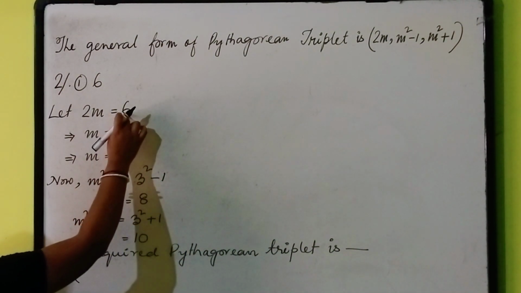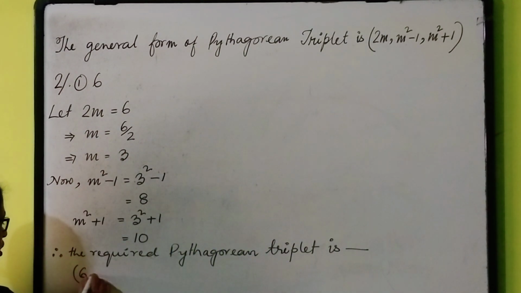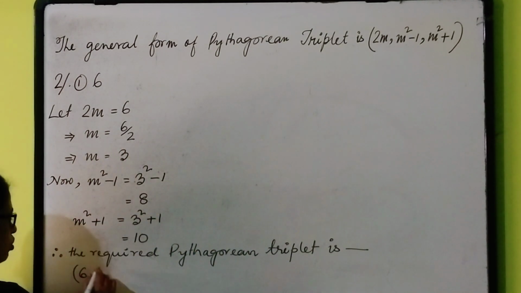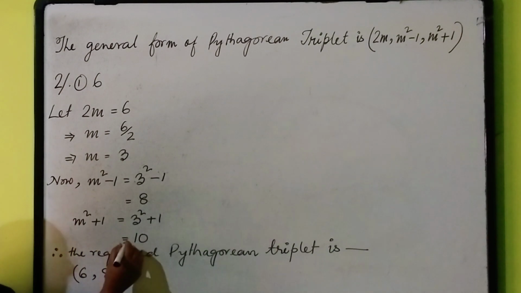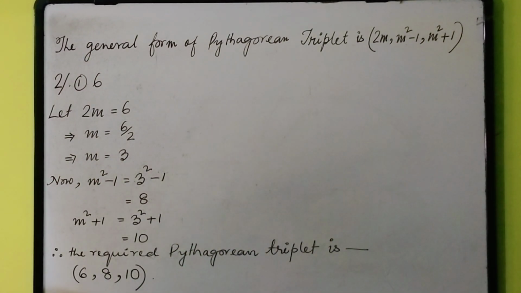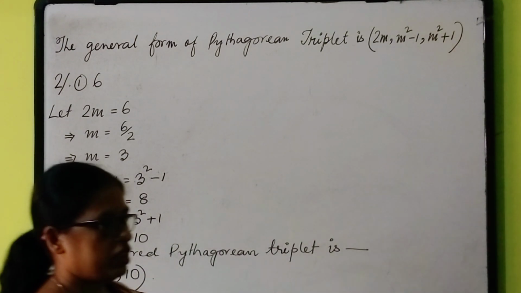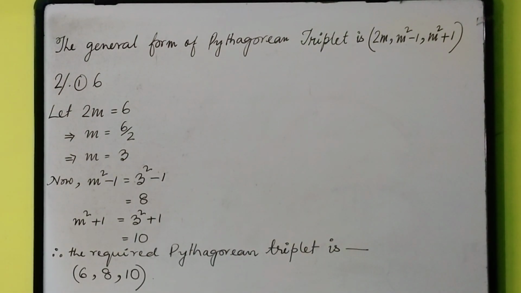First member is 2m, so 2m is your 6. Second member m square minus 1, that is 8. Third member m square plus 1, that is 10. In this way you have to do. Okay, my dear students, this is how we can find the Pythagorean triplet. Have a glance on the board and write down the things properly.